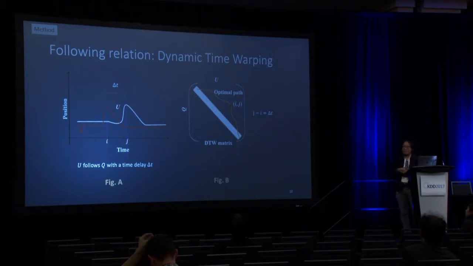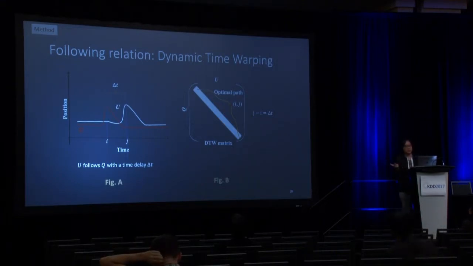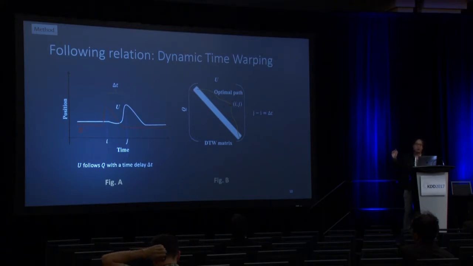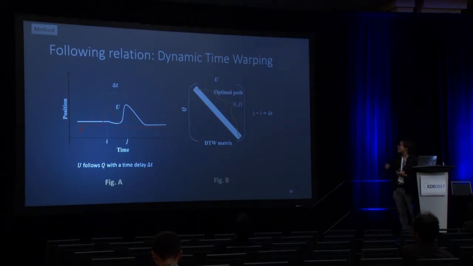If Q creates some pattern and then U follows, the dynamic time warping matches the pattern of U back in time with the Q pattern. When we take the difference between the index of Q and U in the optimal warping path, we get the delta T, the time delay.